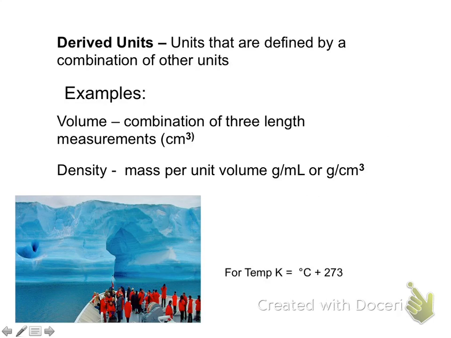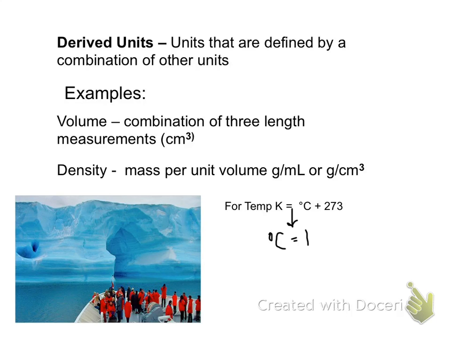The final derived unit we want to talk about is degrees Kelvin, and notice again that that K does not have a degree sign in front of it. Degrees Kelvin is simply degrees Celsius plus 273, or degrees Celsius equals degrees Kelvin minus 273.